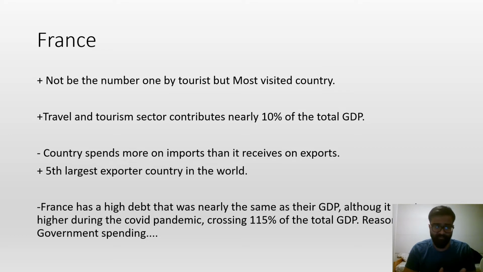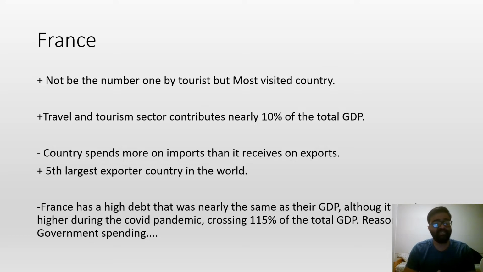People frequently visit over there for business or as a tourist place. There are so many things like Eiffel Tower and so many places. And also the travel and tourism sector contributes nearly 10% of the total GDP of the country.